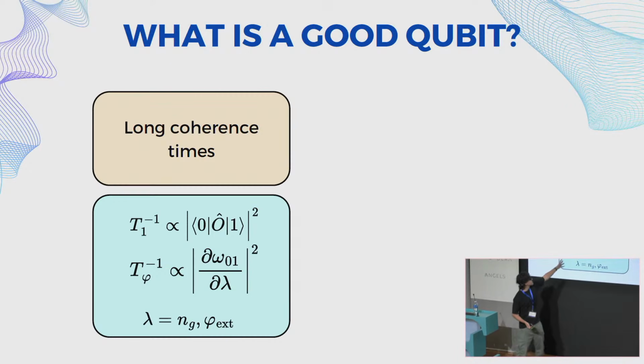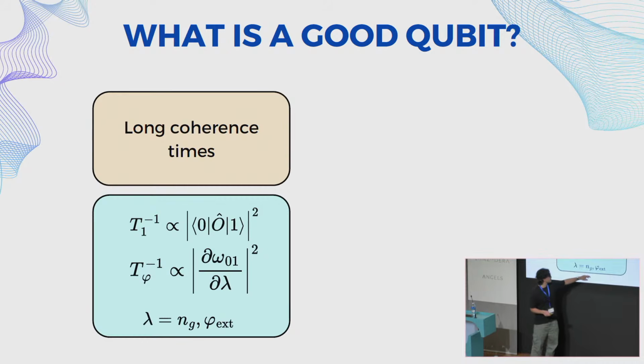T1 will depend on the overlap between the logical states of the qubit, and the phase flip noise will depend on the dispersion of the energy with the sources of noise of our system. In this case, the environment can affect our qubit with charge noise or flux noise.